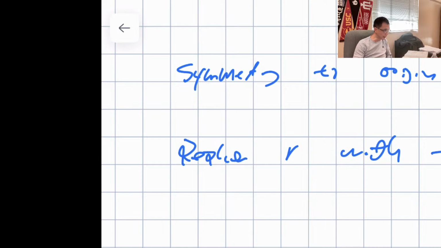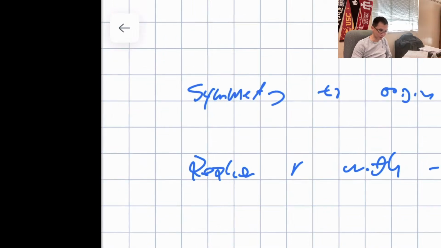Now we replace r with negative r and theta with negative theta: negative r equal to 1 minus cosine of negative theta, negative r equal to 1 minus cosine theta, so r is equal to negative 1 plus cosine theta. It didn't come out the same, so it's not symmetric to the y-axis. So it's symmetric to the x-axis.